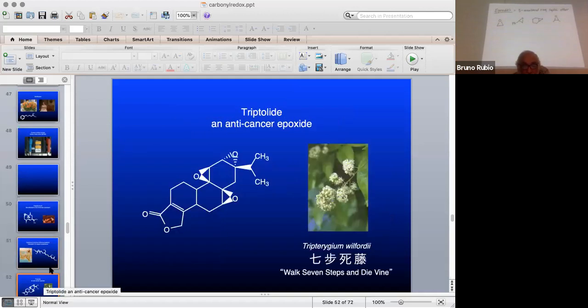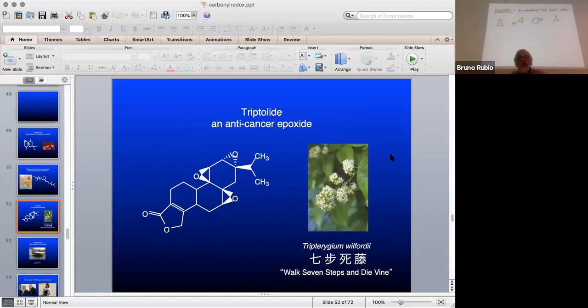Okay, so let's look at another example of an epoxide. This one's a pretty interesting one. Triptolide. We see these three epoxide moieties in this molecule. This is a violent poison, but it's also a cancer therapeutic agent. It's derived from Tripterygium wilfordii, whatever that is. I wrote out its name in Chinese, and I will attempt to say it.